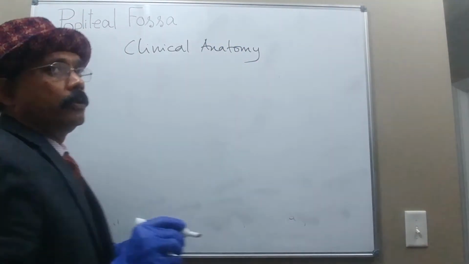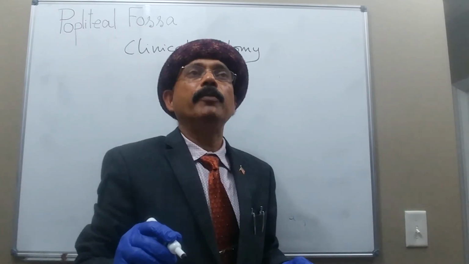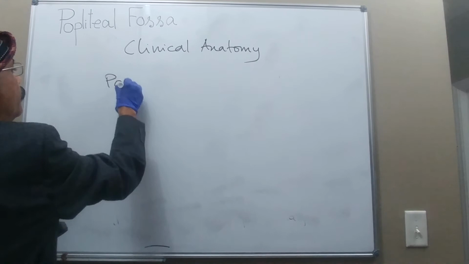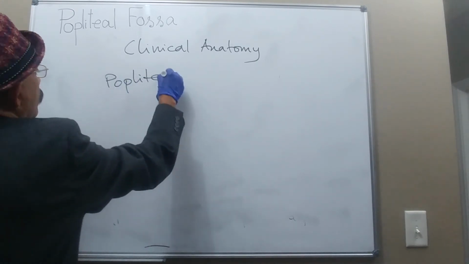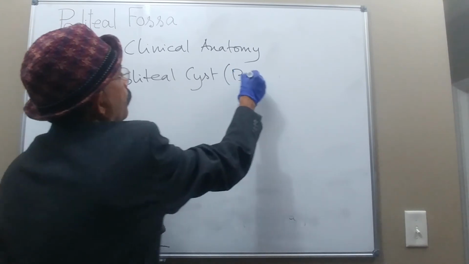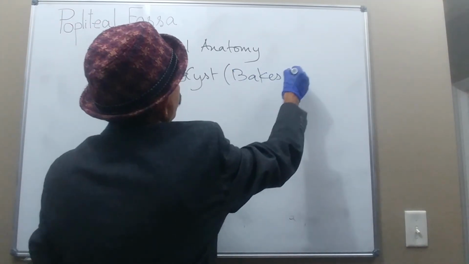Okay. In the popliteal fossa, there may be cyst formation. We call it a popliteal cyst, also called Baker's cyst.